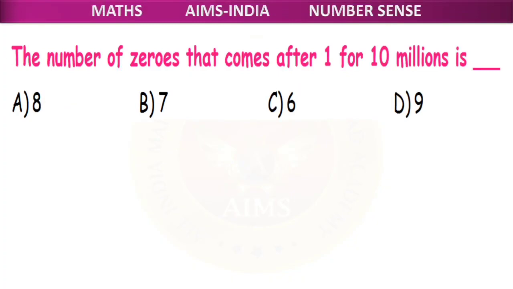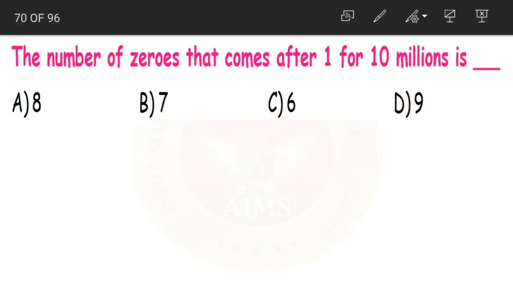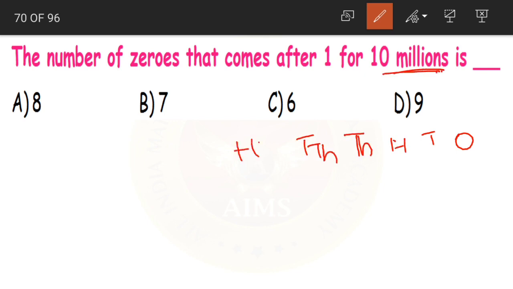The number of zeros that come after 1 for 10 millions is dash. To find this, write all the place values till 10 million, which is in the international system. So we write ones, tens, hundreds, thousands, 10,000s, 100,000s, millions, and 10 millions.